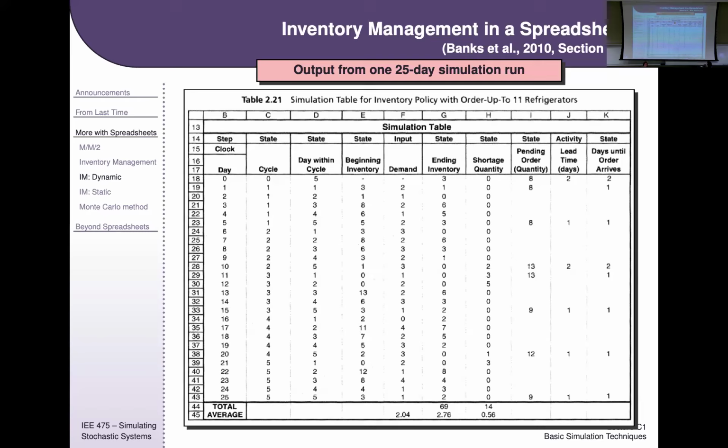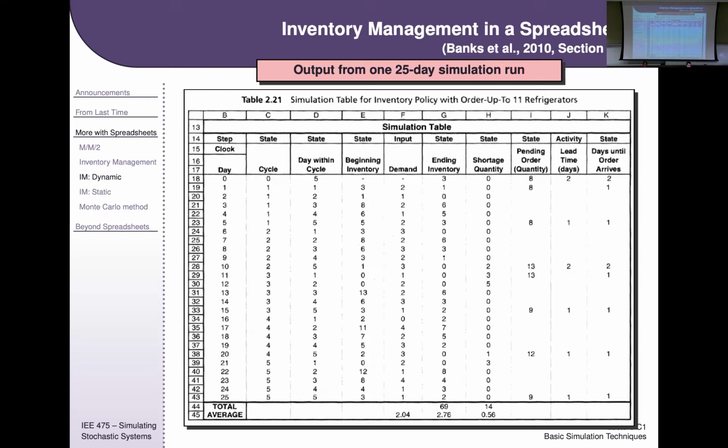So as you can see here, I can now accumulate these things like you've done in your cumulative statistics in your hand sim. And it says here, like ending inventory, there's a sum here of all of these inventories. When I divide by 25, I get an average ending inventory. So on average, every day, there's 2.76 refrigerators left in the inventory. And on average, we get every day half a refrigerator shortage.